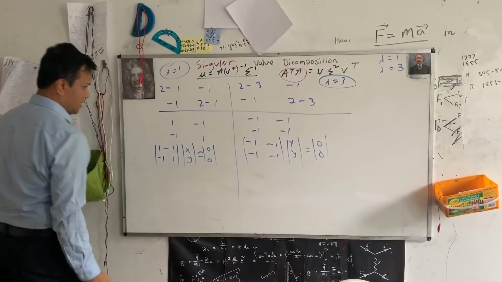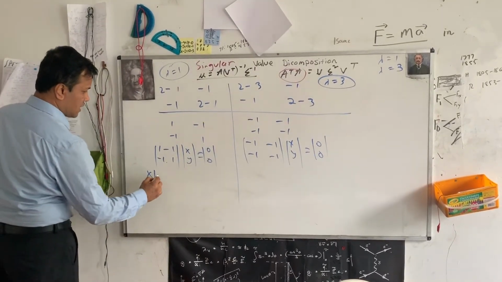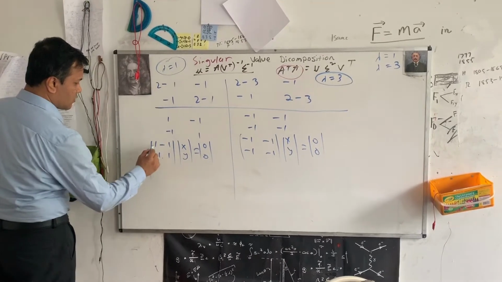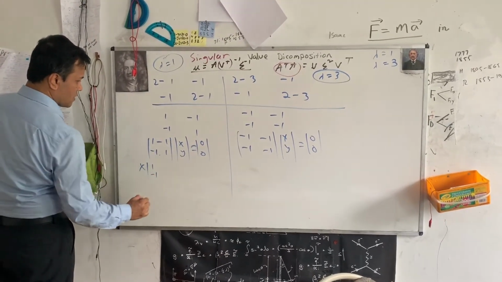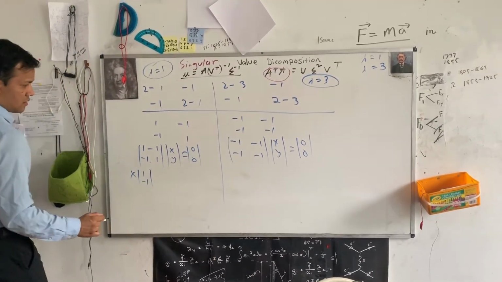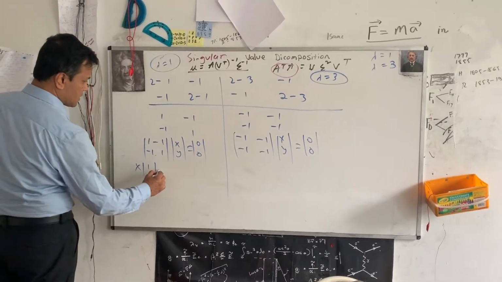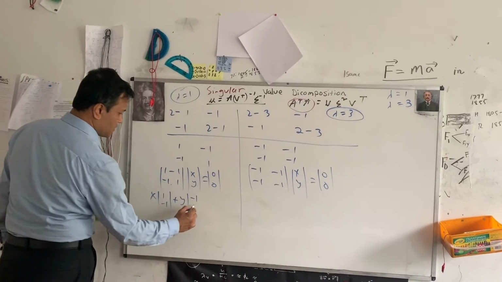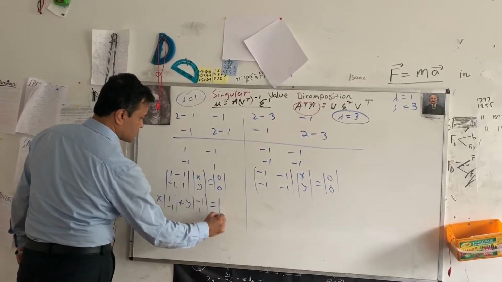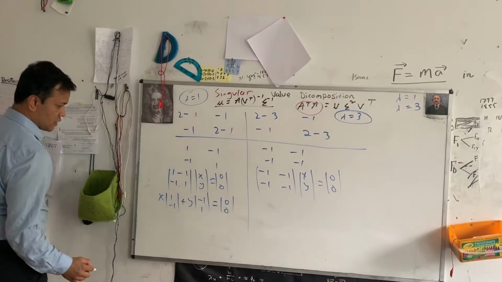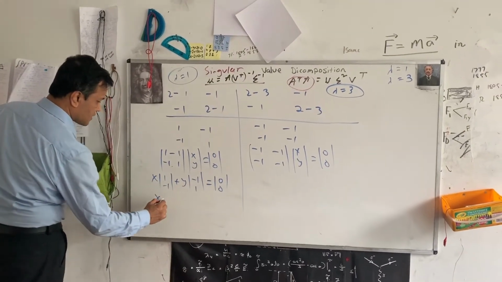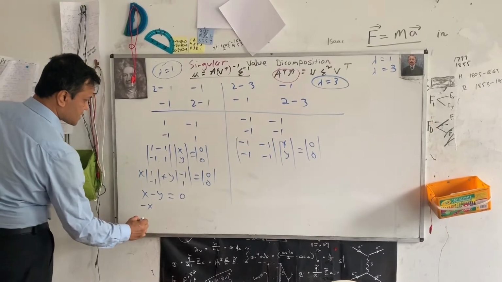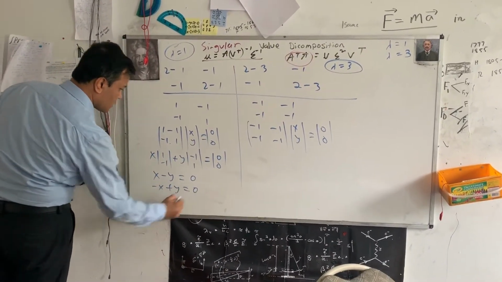Alright, now x, y. So you have x minus y is equal to 0, and you have minus x plus y equal to 0.